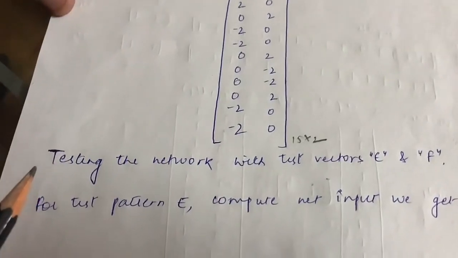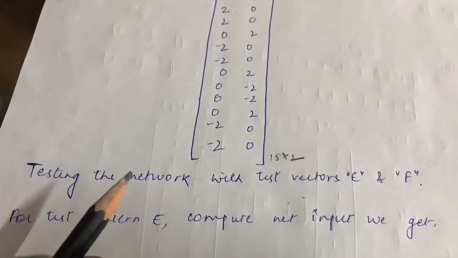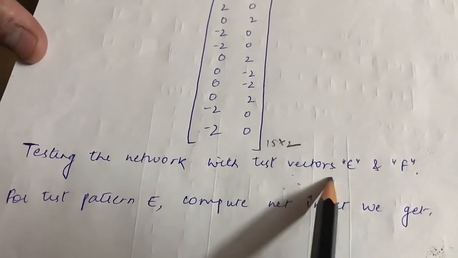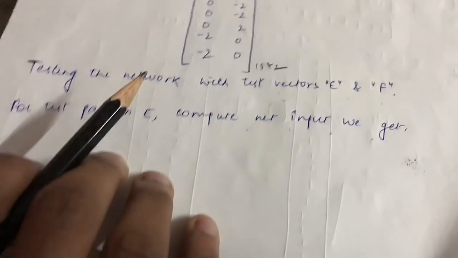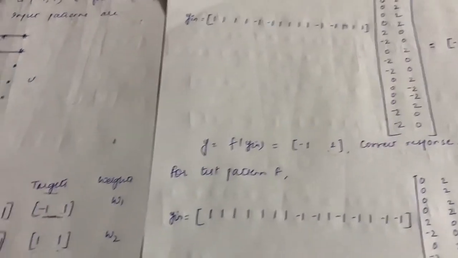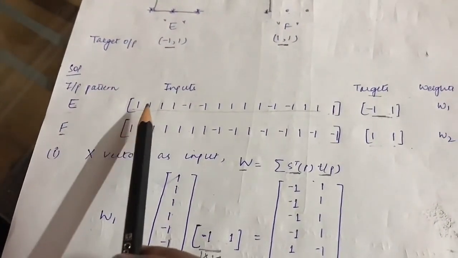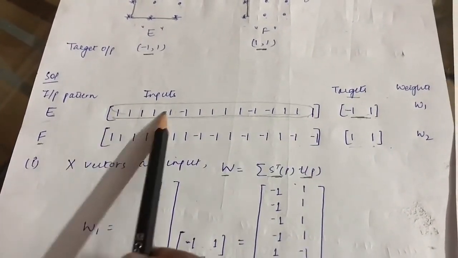Now let us talk about the proceeding steps in which we test the network. So testing the network with test vectors E and F. For test pattern E, compute the net input. So as I told you, we have to calculate the net input. So let us see how we calculate the net input. For E, we calculate the net input by multiplying the input pattern for E with the weight matrix that we have obtained.